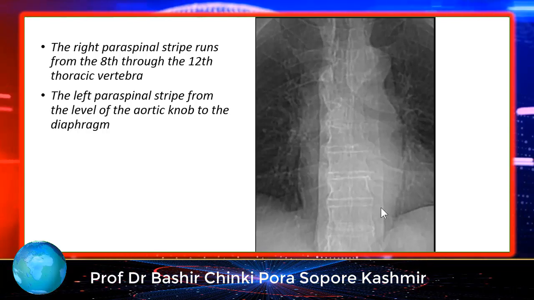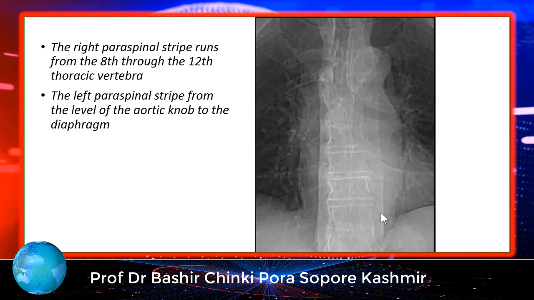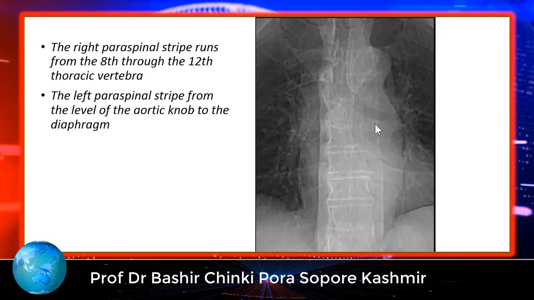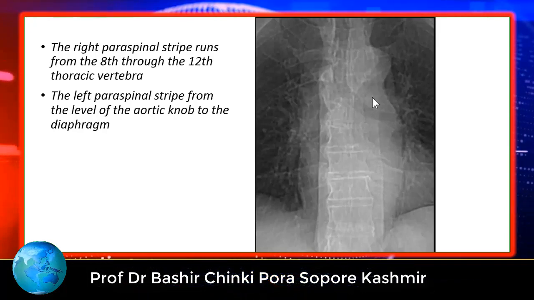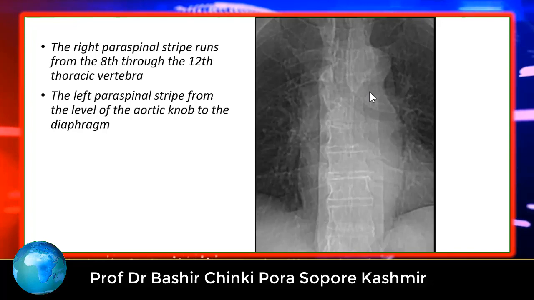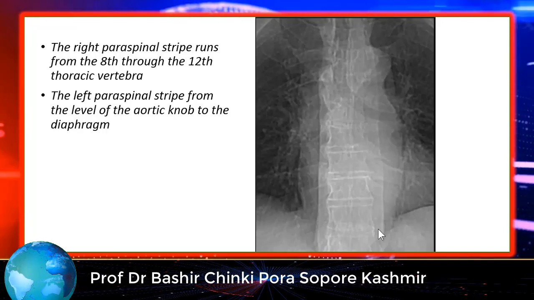And if you see on the left side also, this strip is seen very clearly, and this runs from the level of the aortic knob or aortic knuckle downwards to the diaphragm.